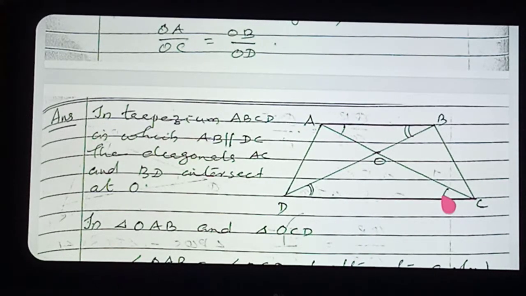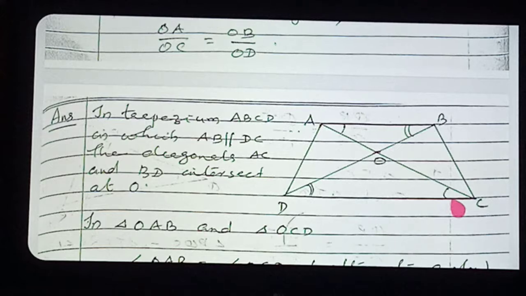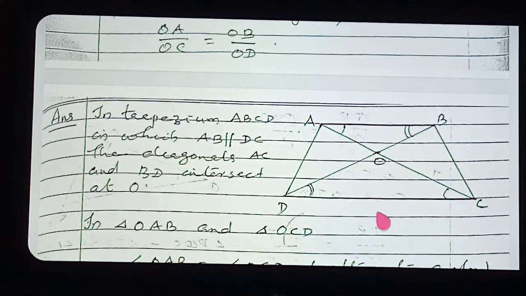Alternate angles are equal, you know. So when we are trying to write the correspondence of two triangles, this OAB, if you want to write it as OCD, then only in the position of AC will come. Otherwise the correspondence will not come properly, and you can't write the similarity. Are you clear on the method?